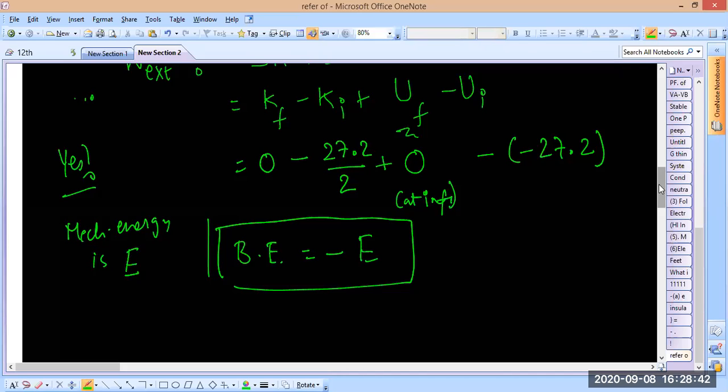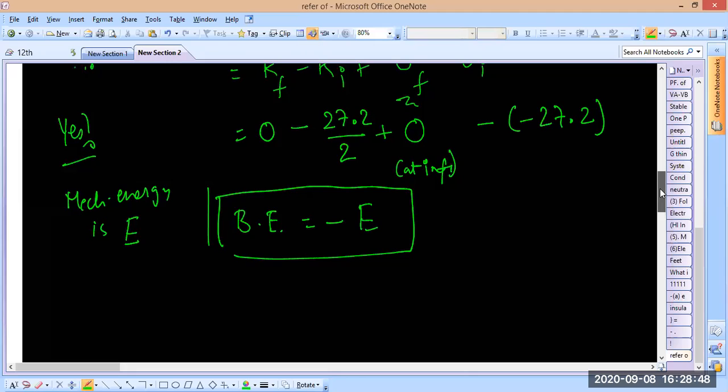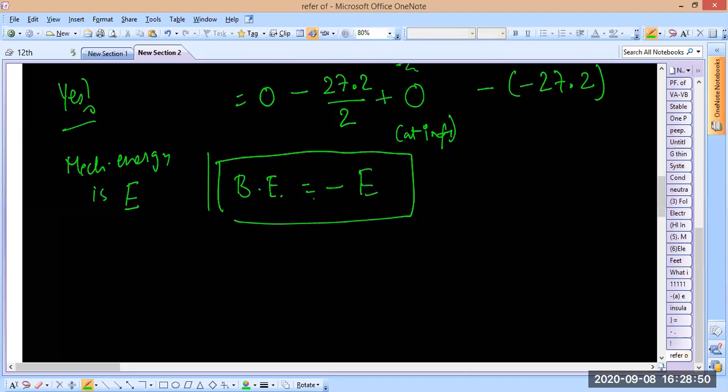So in that case, this question would be very simple. Because binding energy is minus E, that is nothing but the answer of this question. Minimum external work is equal to minus E. And I'm sure you remember that E will be equal to minus K, or you could say E is equal to U by 2. Okay or not okay?